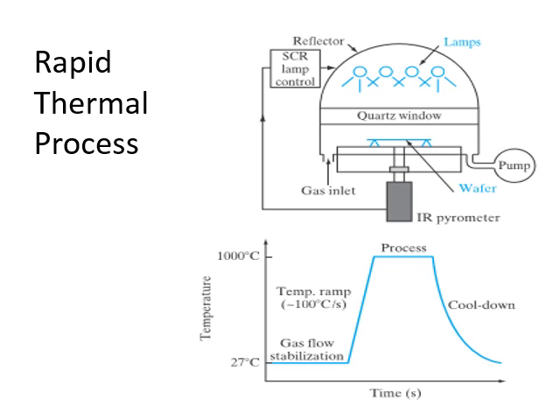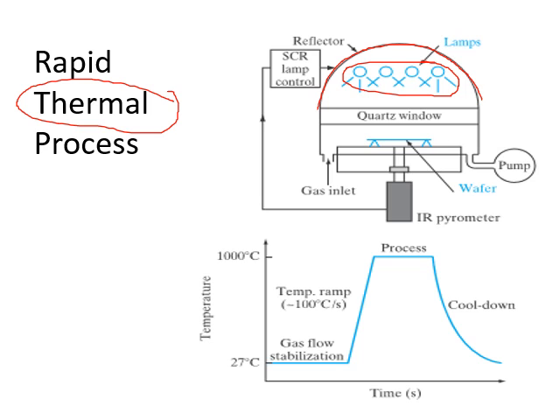In rapid thermal process, we have seen that the temperature is attained very quickly. How is that possible? It is possible by using a reflector with gold plating, and we are using tungsten lamps that give out IR radiations, infrared radiations.